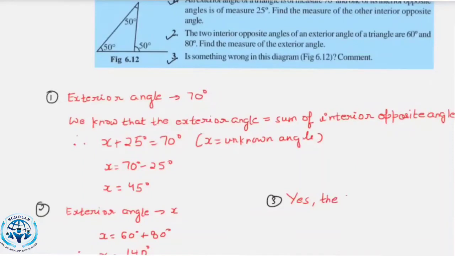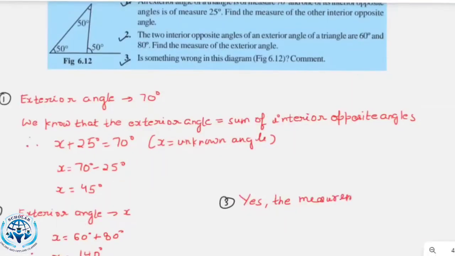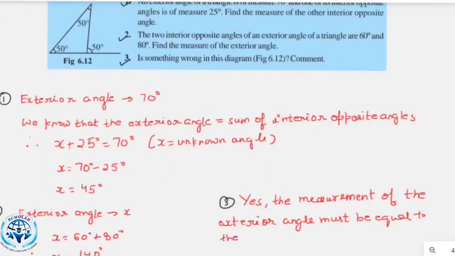So you will write the answer as yes, the measurement of the exterior angle must be equal to the sum of the interior opposite angles.